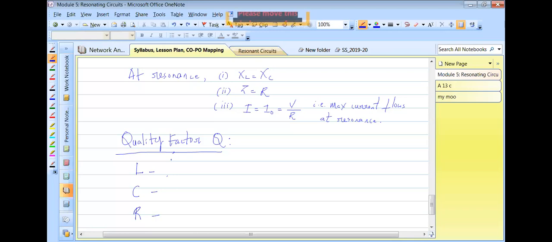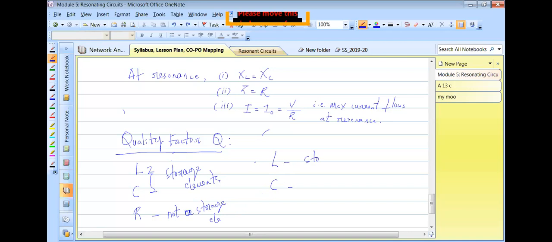Okay, just understand this: L and C are storage elements, whereas R is not a storage element. Now you should understand, if L and C are storage elements, what L stores and what C stores.